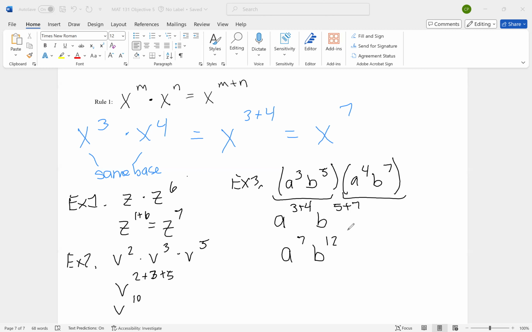And for the last example under rule number 1, I want to show you what it's like if we have a number in front.